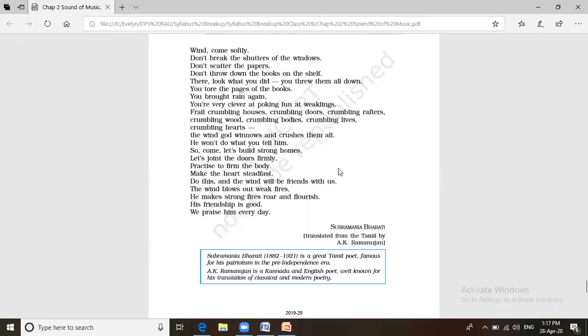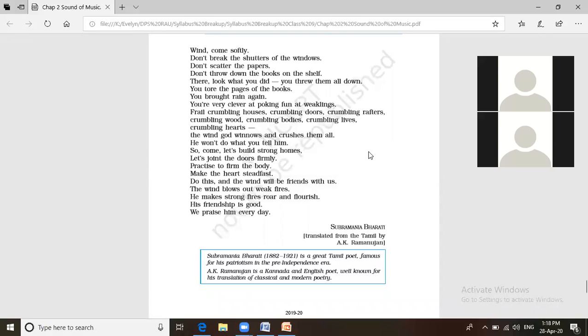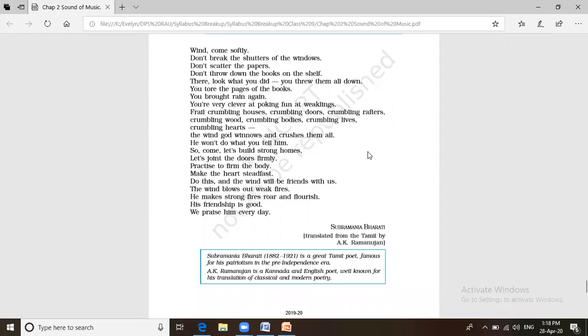Ma'am, can you tell? Okay, I will tell. Let's wait for some more answers. Yes, Zainab. Ma'am, the whole poem is actually significant. In the starting part, the poet refers to the wind as a child. Here, the wind is the youth. It's saying that as the wind grows more powerful, it is more destructive.